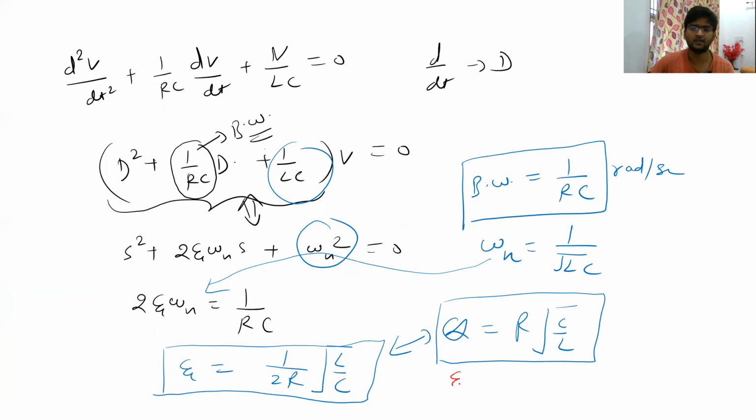Definitely you will see that zeta is equal to 1 upon 2Q. So this damping ratio zeta is always related to the quality factor as zeta equals 1 upon 2Q, or Q equals 1 upon 2 zeta. Clear?